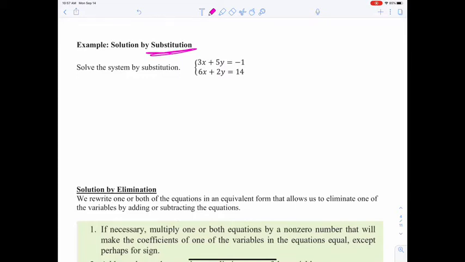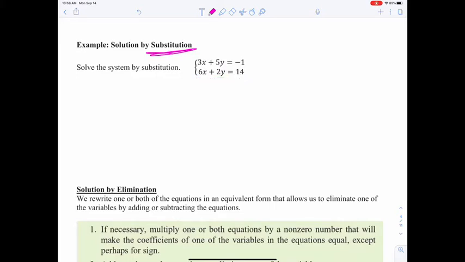Okay, so let's do that. You always want to try to choose wisely. Choose an equation that's going to be easy to get one variable by itself. And through experience, this second equation, the bottom equation here, is going to be easier to get one variable by itself.